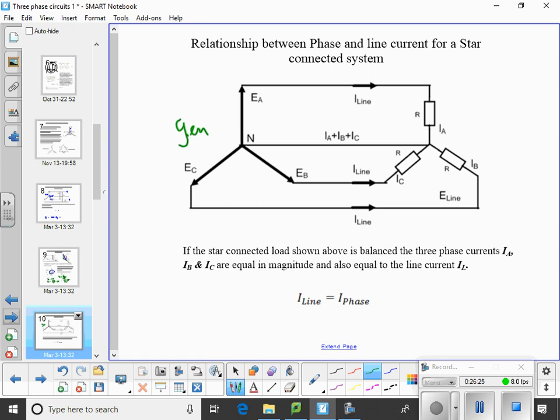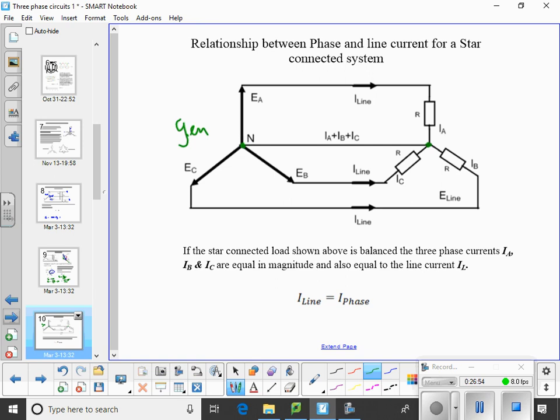It goes through a load, and in most of the systems you'll come across, the star point of the generator is connected to the star point of the load, creating a neutral. So we get a current flowing in there, and it's one current back down the neutral to the other side, second phase.